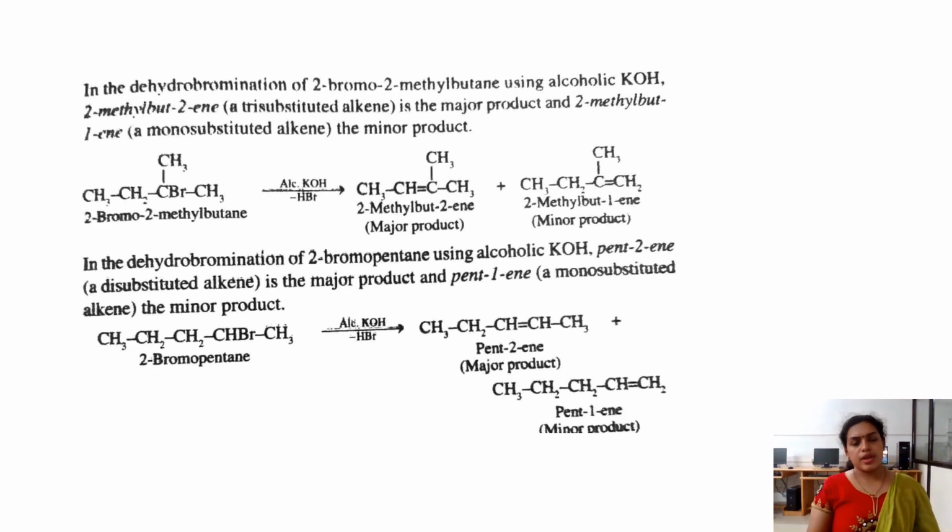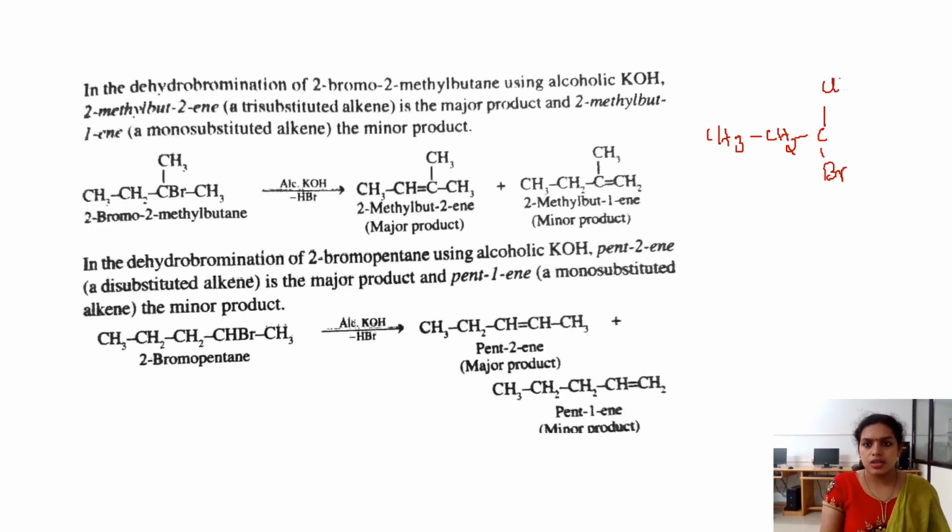Now let's see 2 more examples from which the Zaitsev rule can be explained and understood very easily. Here, in the case of 2-bromo-2-methylbutane, I'll write it here: CH3, CH2, CBr, CH3 and CH3.